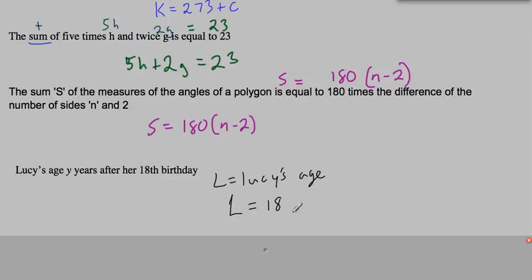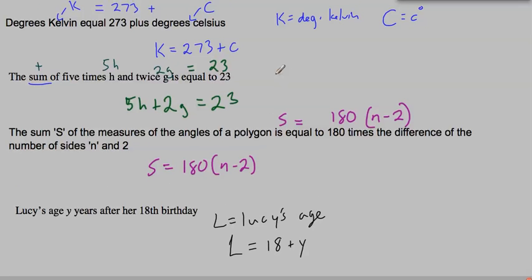So when she's 18, we want to go Y years beyond that. 18 plus Y. So 3 years after she's 21. 18 plus 3 is 21. There we go. So be able to convert these words into expressions and equations and that will help you out greatly when we get into harder word problems later on, okay?